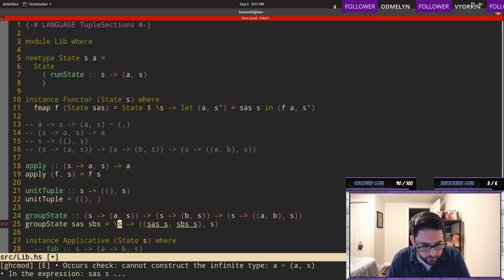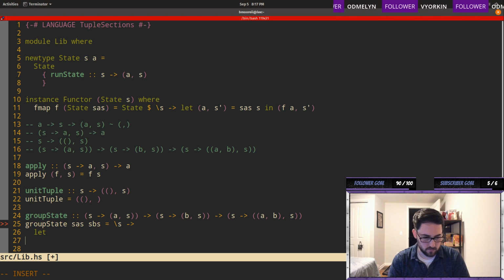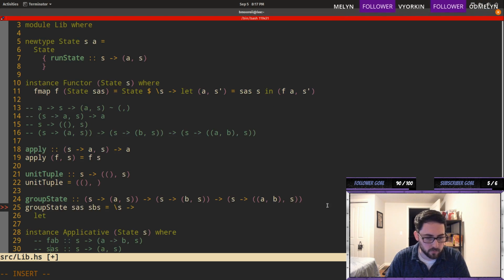Oh, right. Wait, both of these produce a new state, so which is the state I'm supposed to embed? Well, actually, it did this last time, so let's do this.